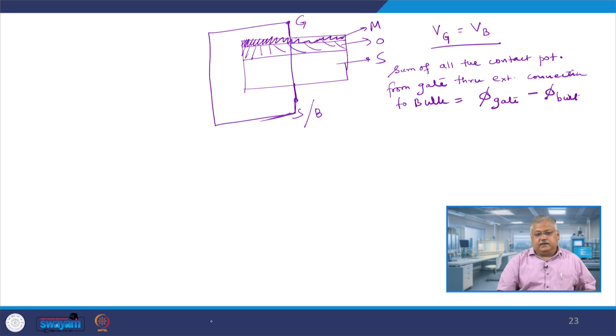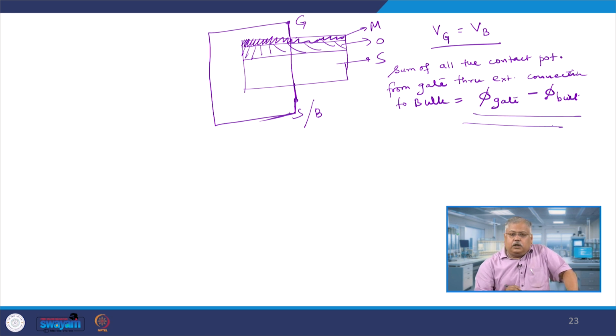Phi is a potential, known as the contact potential. So, the difference will primarily be the contact potential of the gate minus the contact potential of the bulk, correct.